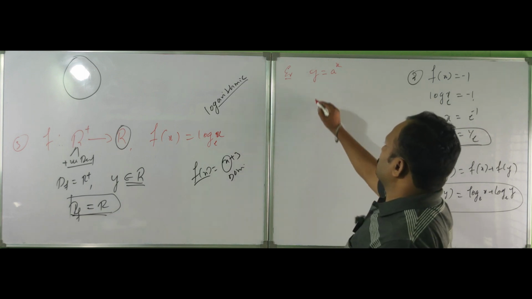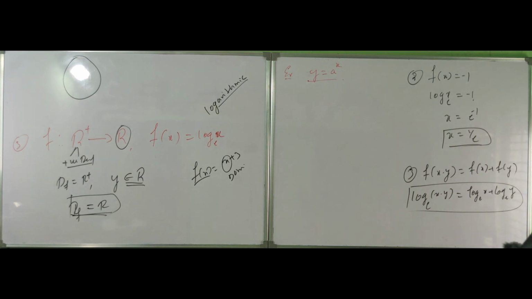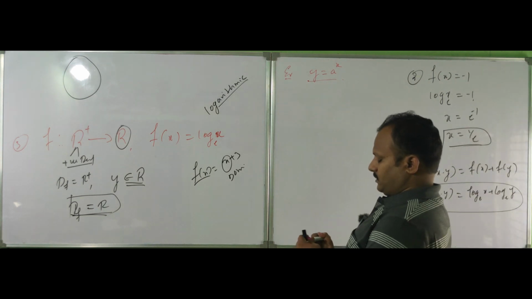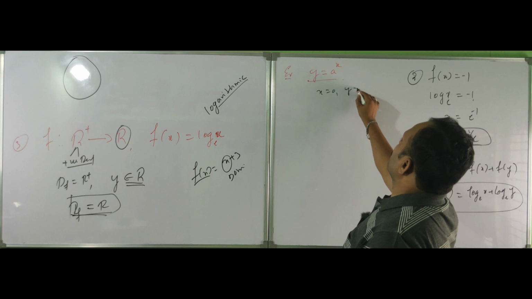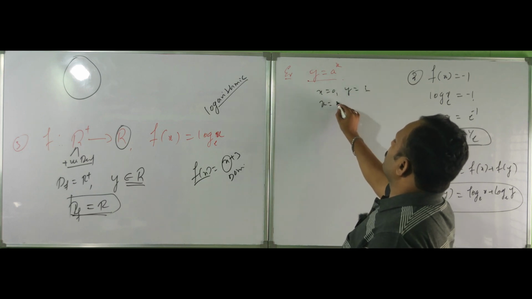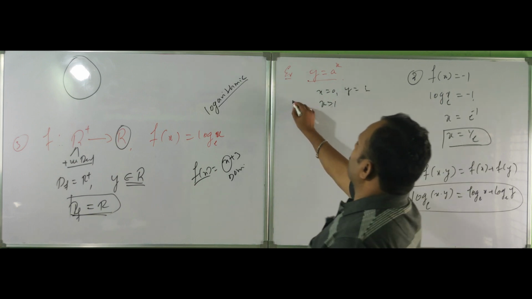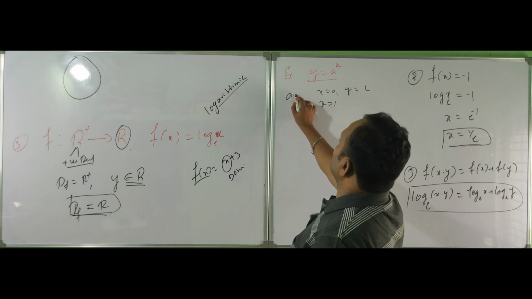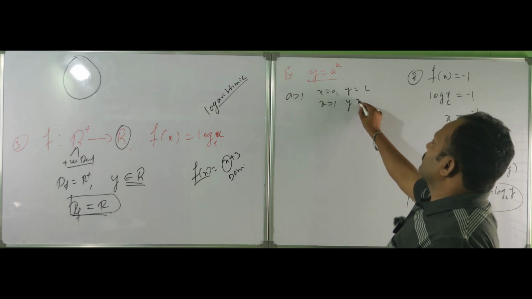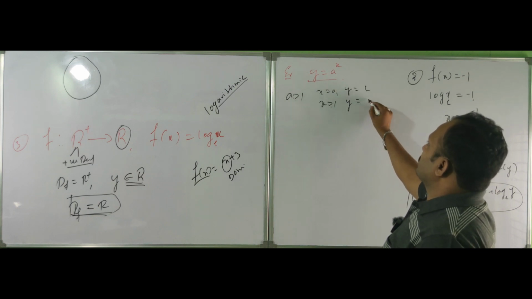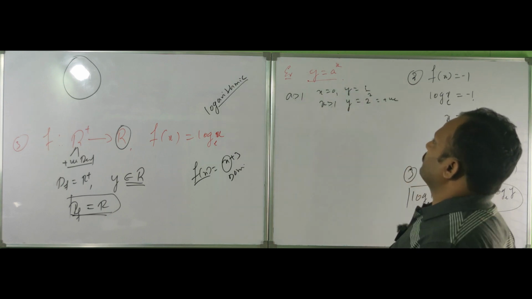Here, for all values of x, whatever values of x you take: if x is equal to 0, then y becomes 1. If x is greater than 1, it depends on a also. For a greater than 1 and x greater than 1, y becomes positive. 2 to the power 2 is a positive value.